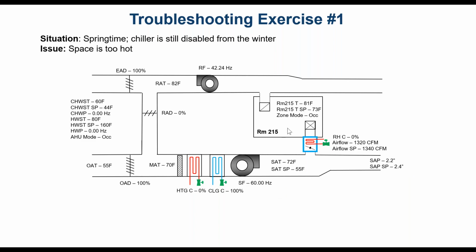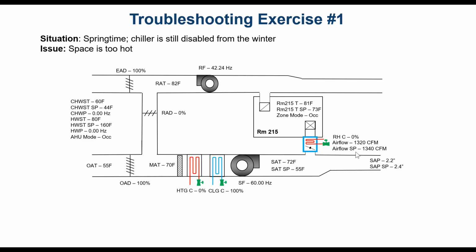Now, for this particular zone, you have the room temperature set point, the occupancy mode of the zone, and then back at the serving VAV box, you have other information as well, such as the command that's being sent to the reheat coil's valve. You also have the measured airflow as well as the airflow set point.